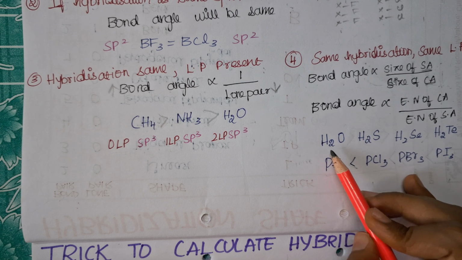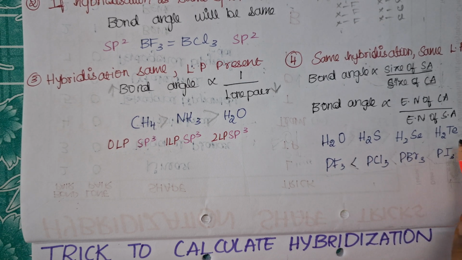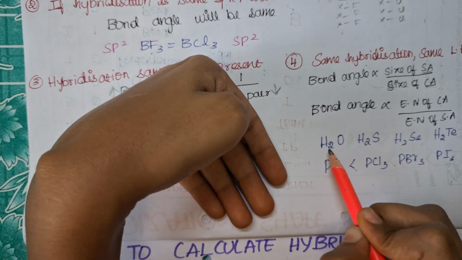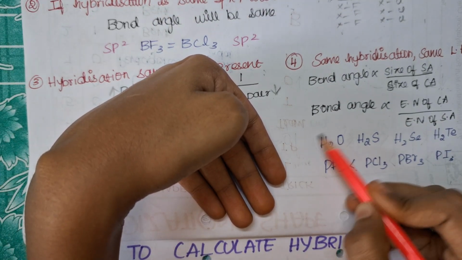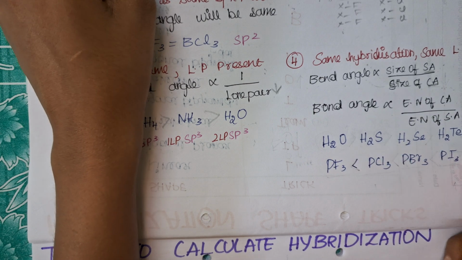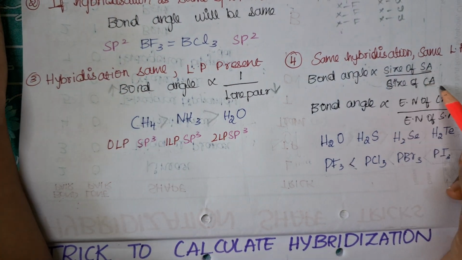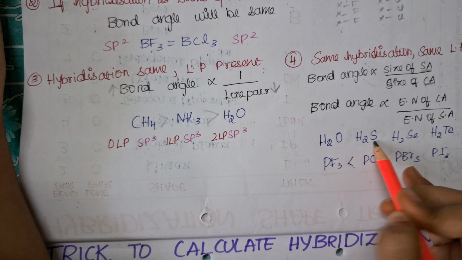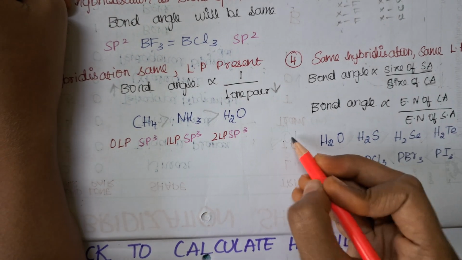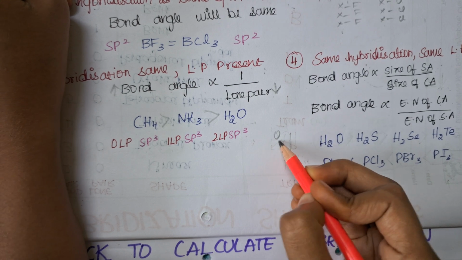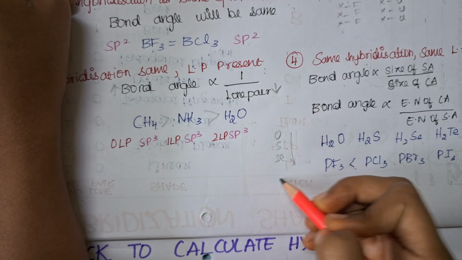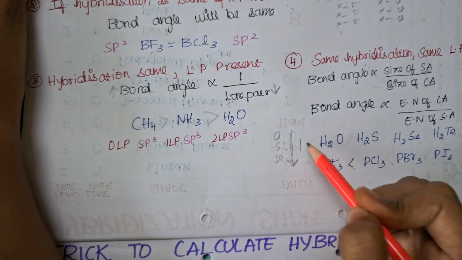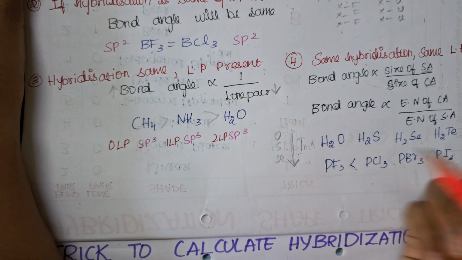Take the case of H2O, H2S, H2Se, H2Te. In all the cases the side atom is the same, so we can't calculate based on this. We need to calculate based on the central atom: O, S, Se and Te. These all belong to the oxygen family. Down the group, your size will be increasing.